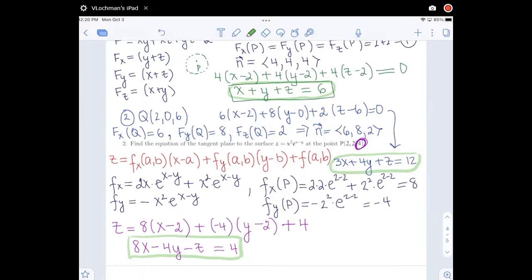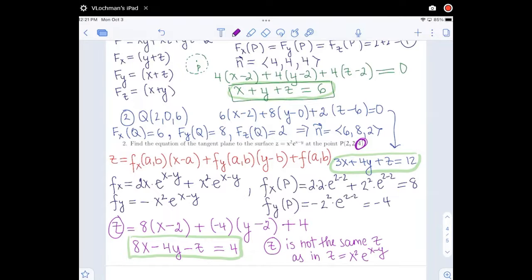Now, I do want to make one note. This z right here, I'm going to make it in purple, is not the same z as in the actual function. And I think that's partially why there might be some confusion with these problems.